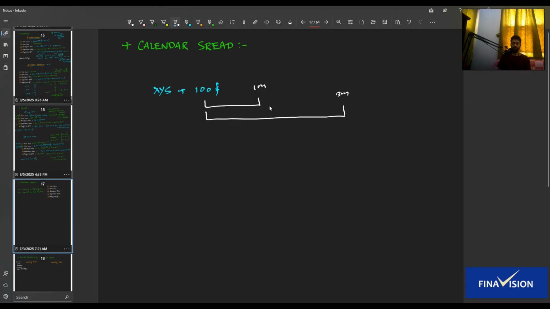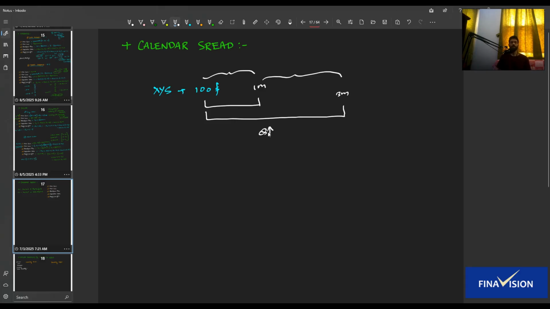Now, an investor has a speculation that for the next 1 month, the prices are going to be stable, very much around $100. And after 1 month, there is a quarterly result and the results are expected to be very good, right? And the investor feels that post this, the price is going to spike up for the next 1 or 2 months.